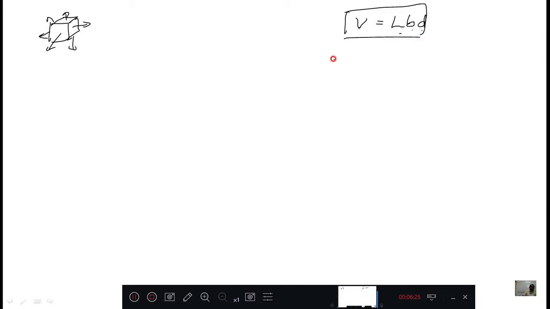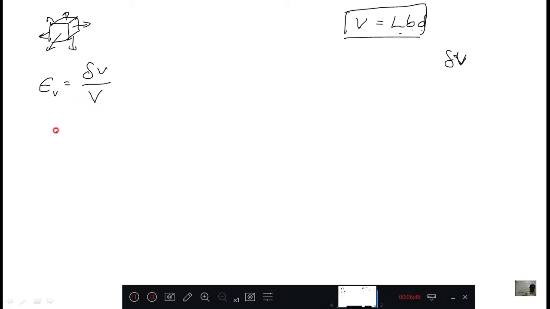When we apply some stress to that one, the volume will change. That change in volume, I will call it delta V. Then volumetric strain, I can define it as the change in volume to the original volume.